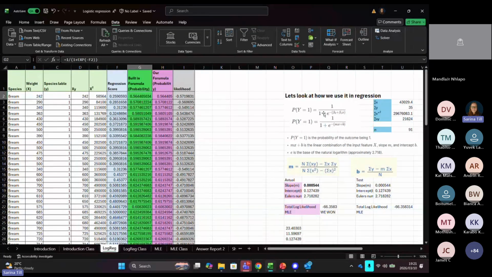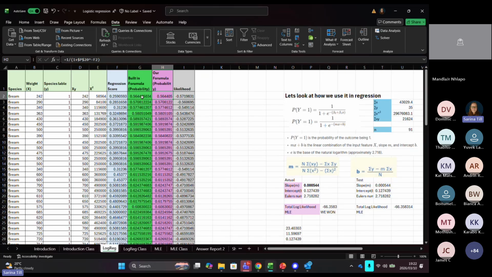The sigmoid function is 1 divided by 1 plus, and this is the built-in EXP, which will use Euler's number, but we can also go do it manually.